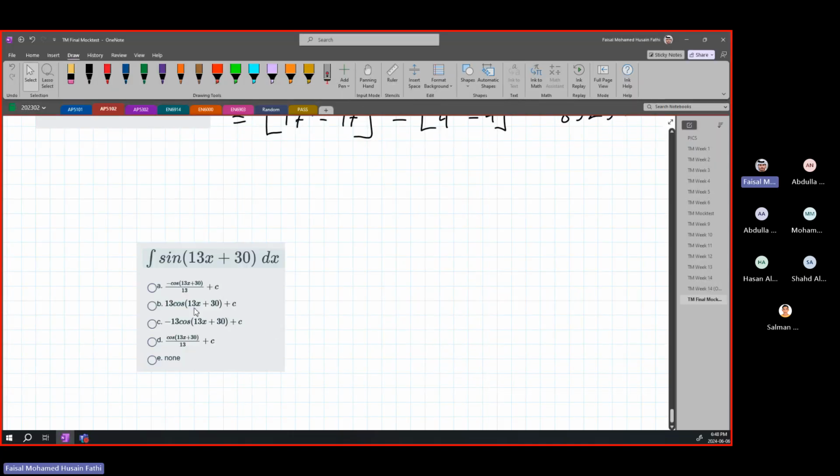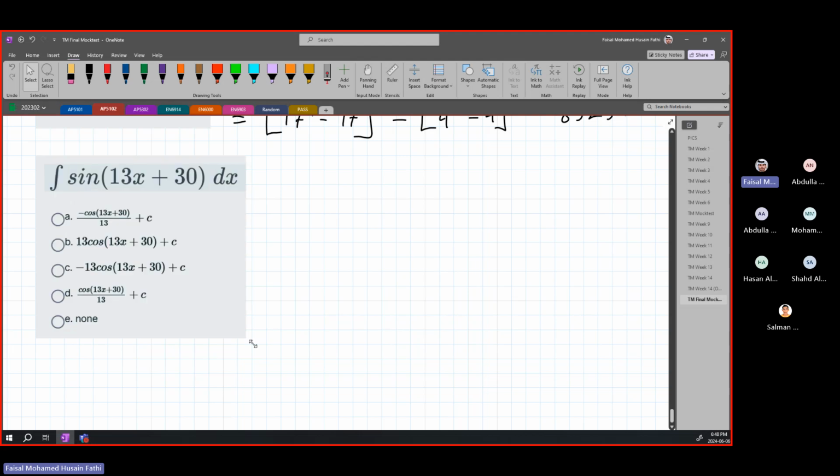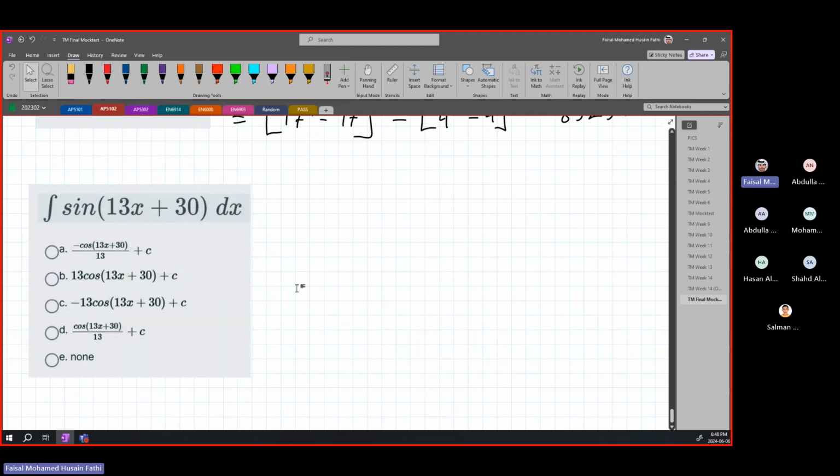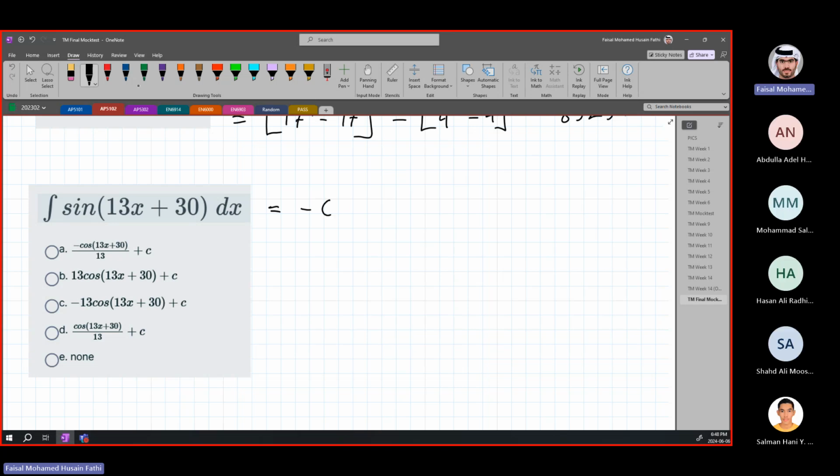Okay. In this case here, we have the integration of sine 13x plus 30. Again, you will apply the same rule that we did before for sine. So this is going to be minus cosine of 13x plus 30. Whatever's inside does not change. So the integration of sine is minus cosine, but you will divide by the value that is multiplied by x, which is in this case 13.